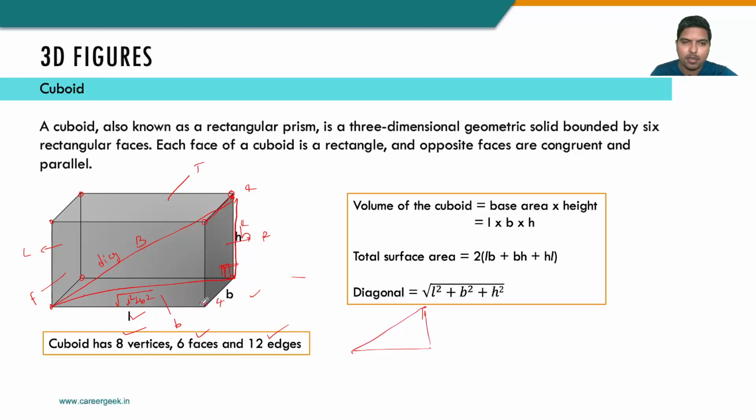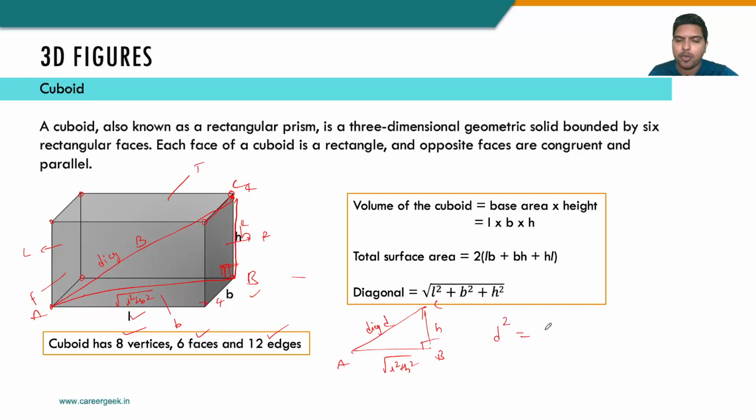If I take, let's say, A, B and C, this is A, B and C with this as L square plus B square and H. And let's say if this is diagonal D and this is perpendicular, I can apply Pythagoras theorem.